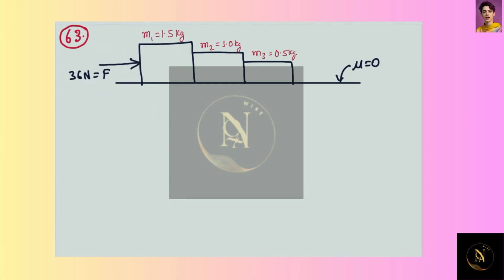So we can assume the three blocks to be a single block of mass equal to the sum of the individual masses. What is the mass? m1 plus m2 plus m3 equals 1.5 plus 1 plus 0.5, which gives 3 kg.